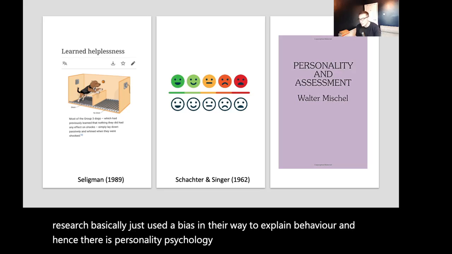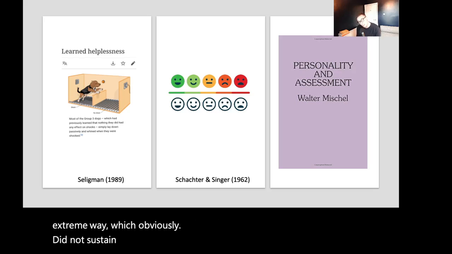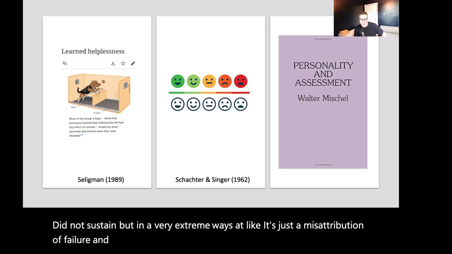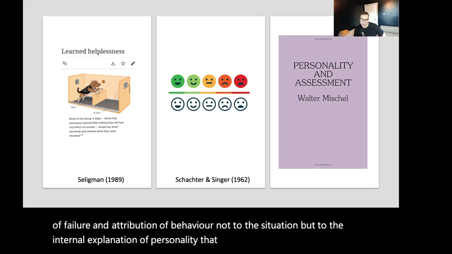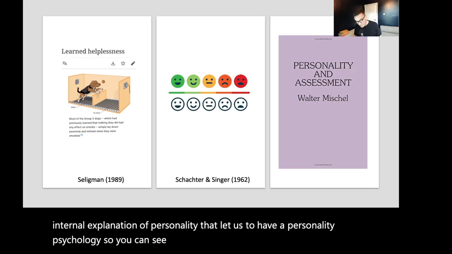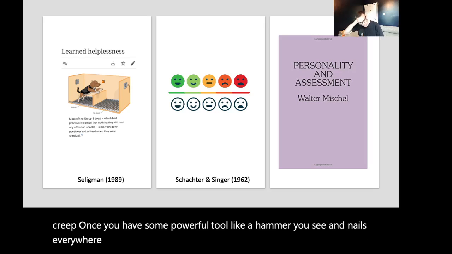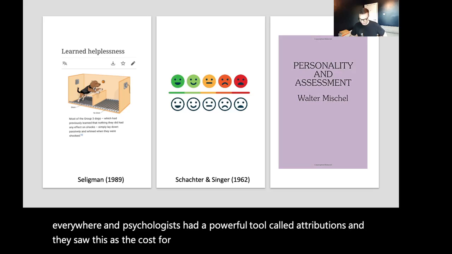Personality psychology, in a very extreme way, which obviously did not hold up, was said to be just a misattribution, a failure to attribute behavior to the situation, with the internal explanation of personality leading us to have personality psychology. Sometimes that's called construct creep. Once you have a powerful tool like a hammer, you see nails everywhere, and psychologists had a powerful tool called attributions, and they saw it as the cause for everything everywhere.